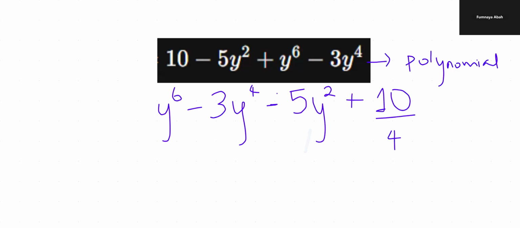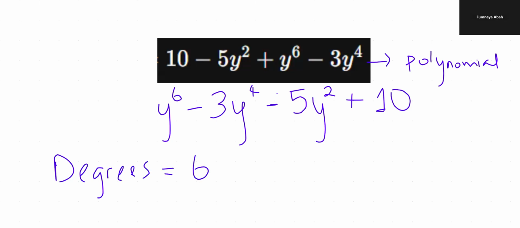Let's start with the first term, y raised to the power of 6. Since it's raised to the number 6, the degree of this term is equal to 6. The next term is negative 3y raised to the power of 4. We can disregard 3 and focus on y raised to the power of 4. Since it's raised to 4, the degree of this term is equal to 4.